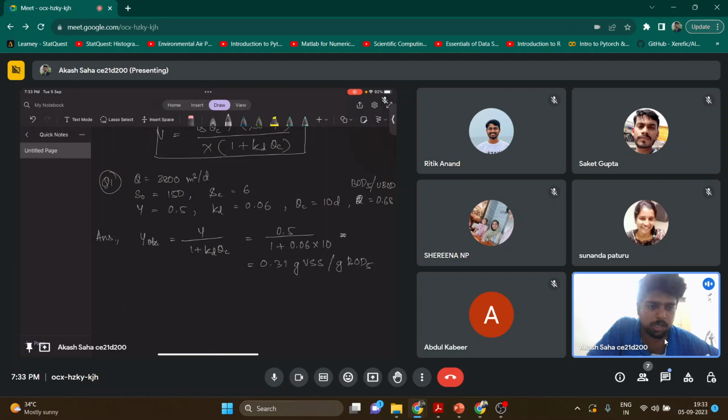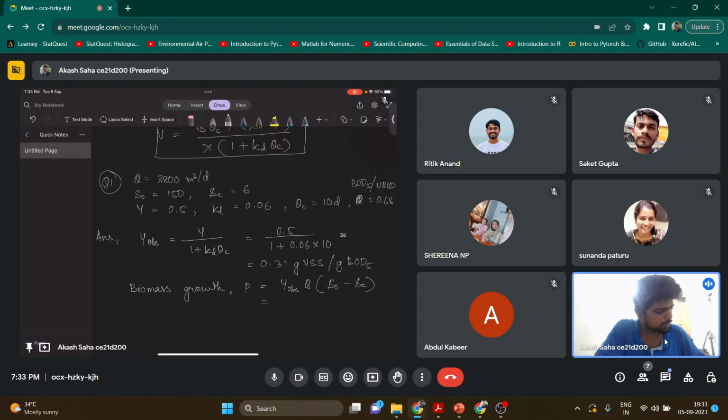So once we know the observed yield, we will try to find out my biomass growth. Suppose I am denoting it with P, it will be observed yield into the flow rate into S naught minus SE.